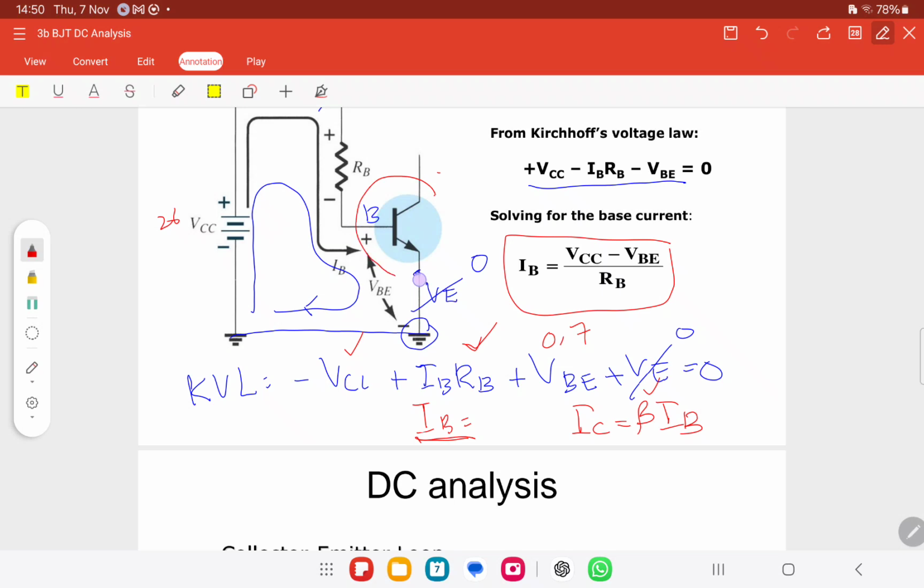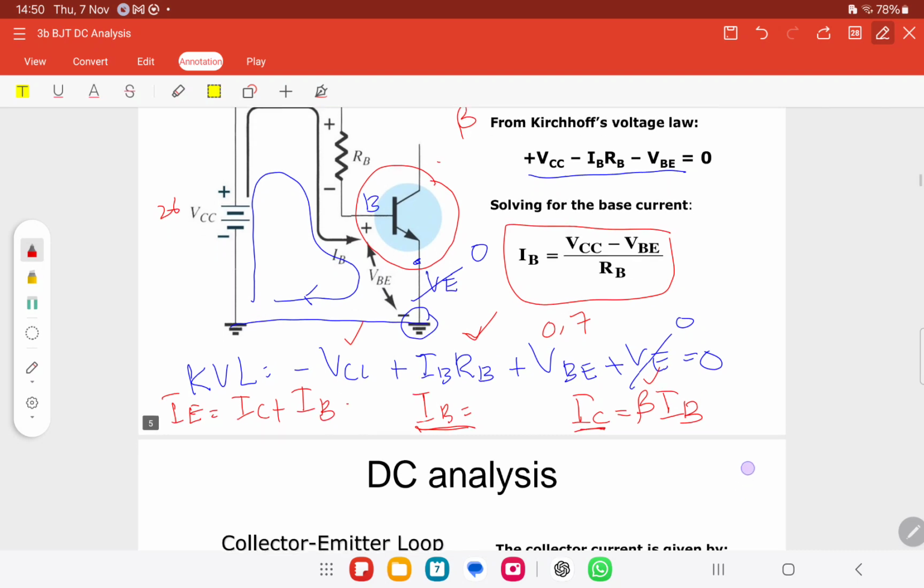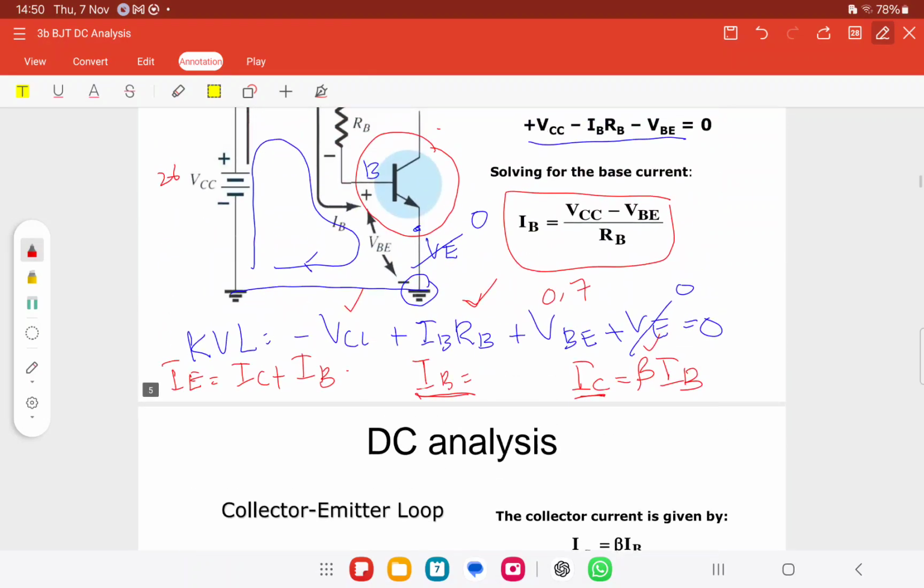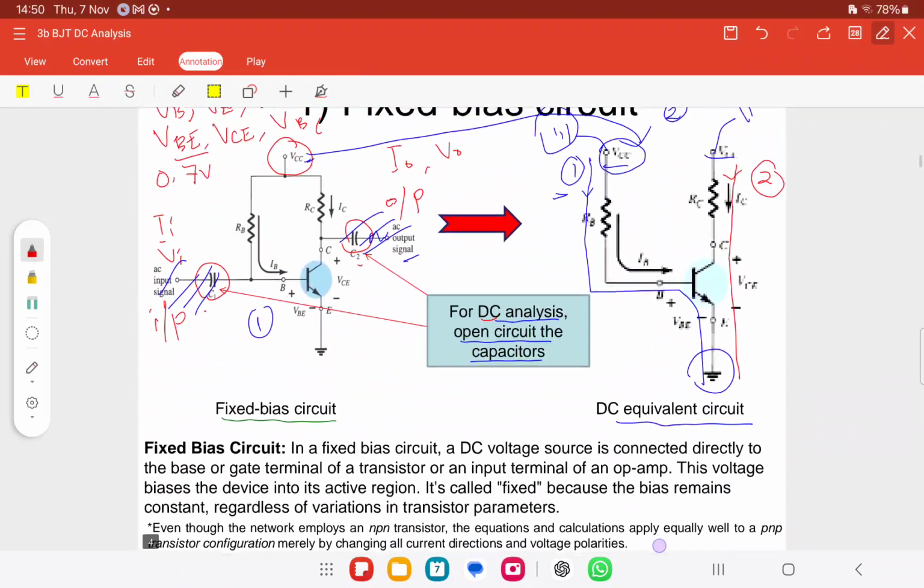When dia ada BJT, dia mesti bagi sekali value beta dalam soalan. Okay, so from there you boleh dapat IB dan boleh dapat I. After that boleh dapat I. Kan? Okay, so dah dapat for the first loop 1.